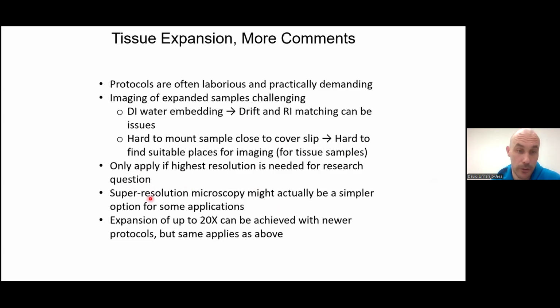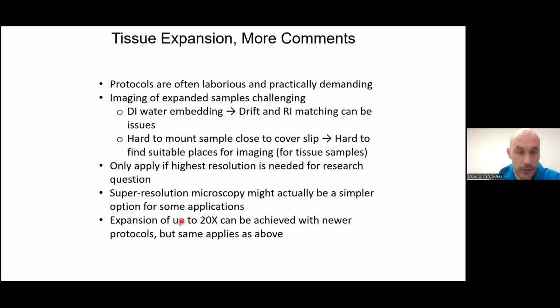And this is also something to consider: in my hands, since I have access to a super resolution microscope, that is usually the simpler option for me, due to all of these things above. My sample is not huge and expanded, I can mount it stably and nicely, so for me it's just more efficient to image those samples.